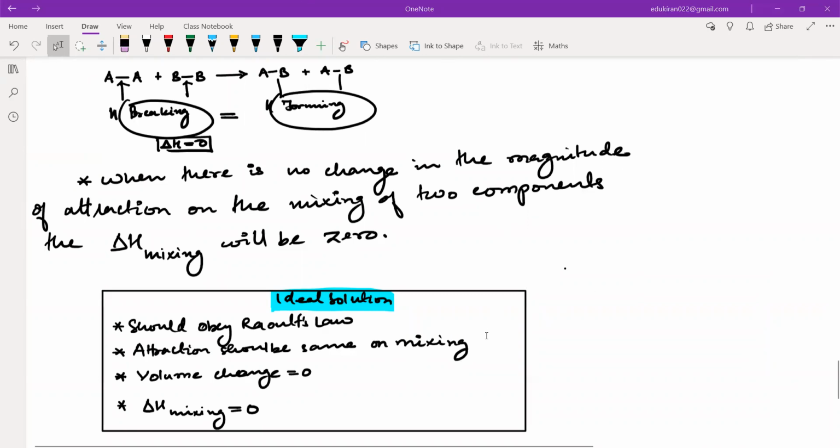Sir, ideal solution characteristics, second point: attraction should be same on mixing. Attraction between the components. Okay, attraction between the components should be same on the mixing.